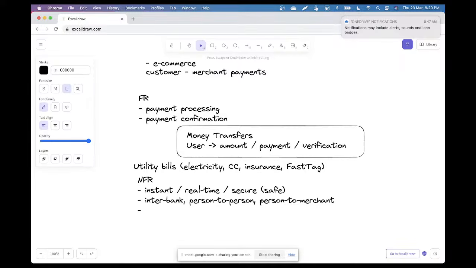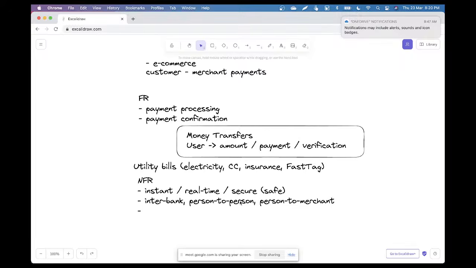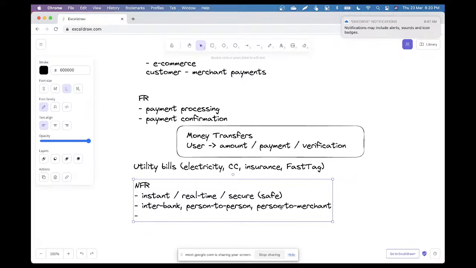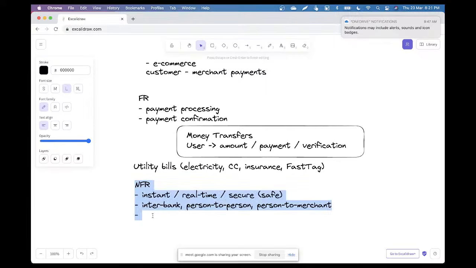So these are variations of use cases. I will not say the second point is a non-functional requirement, but it's kind of different integrations, different kinds of parties which need to be supported. Then QR code scanning, right? This is also another important requirement.